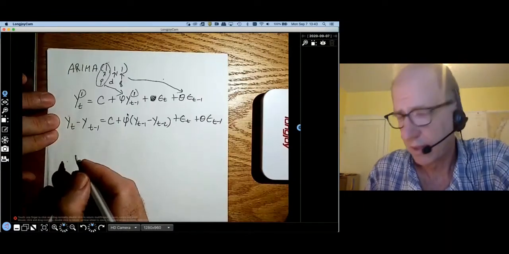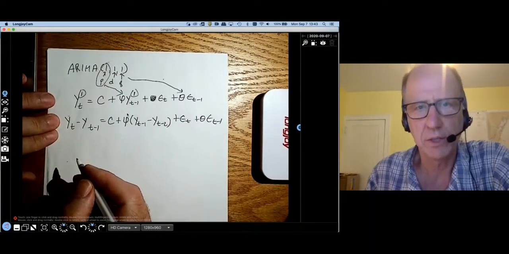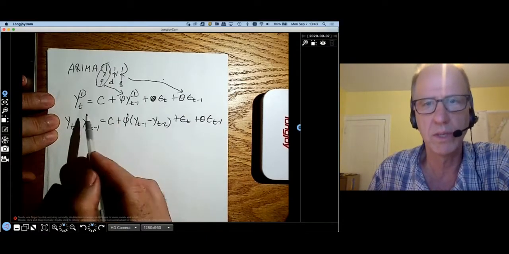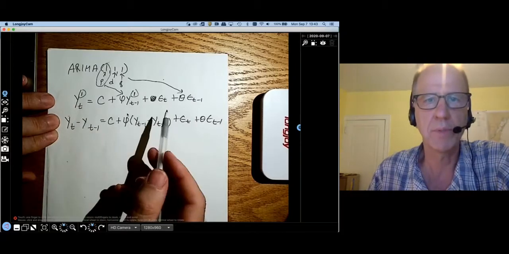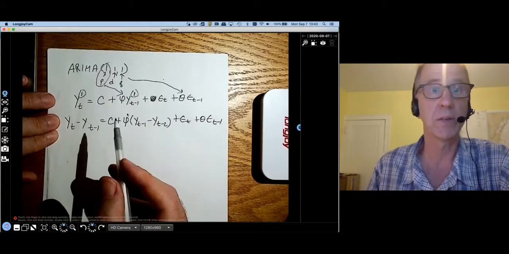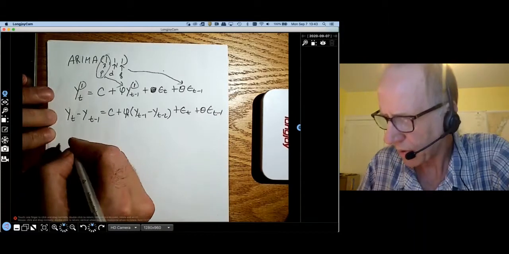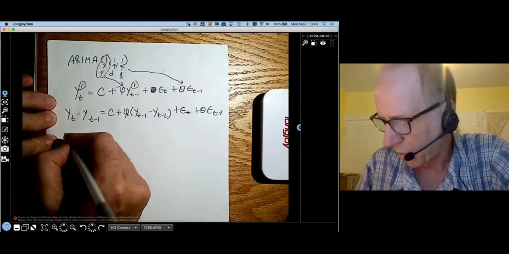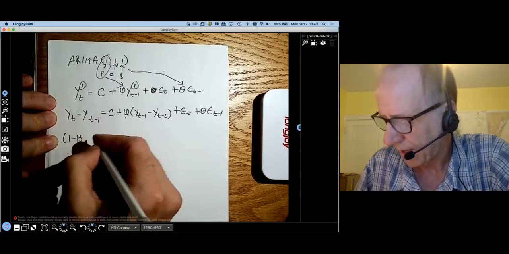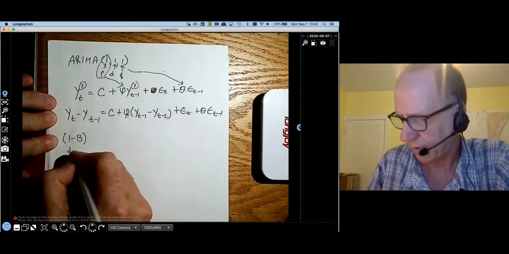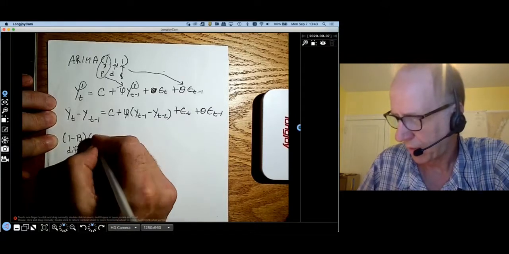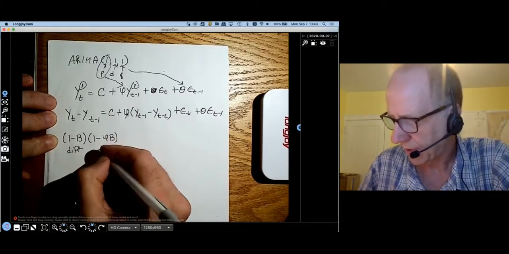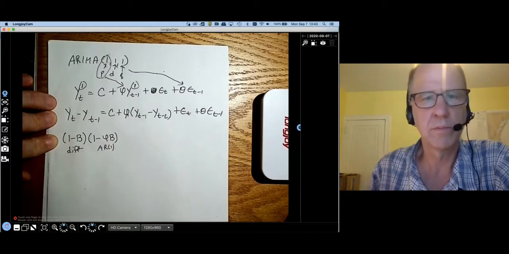We can also write this in backshift notation. With backshift notation, remember that we put all of our y's on one side and we put all of the epsilons and the constants on the other side. The way we would do this in backshift notation is we would take 1 minus B, which gives us the difference, and then 1 minus phi B gives us the AR(1) term.